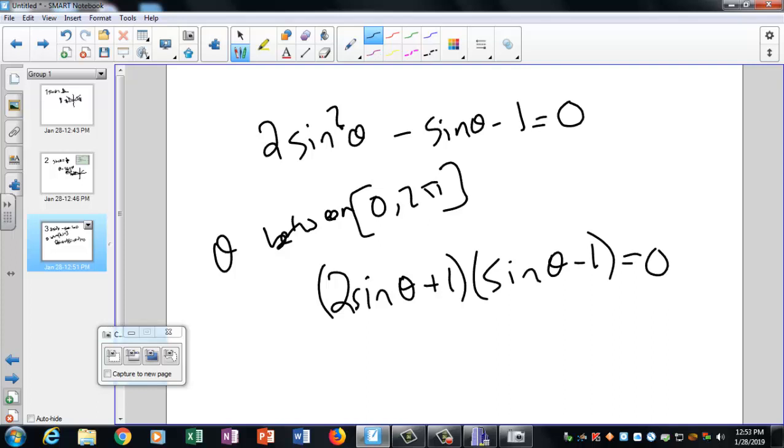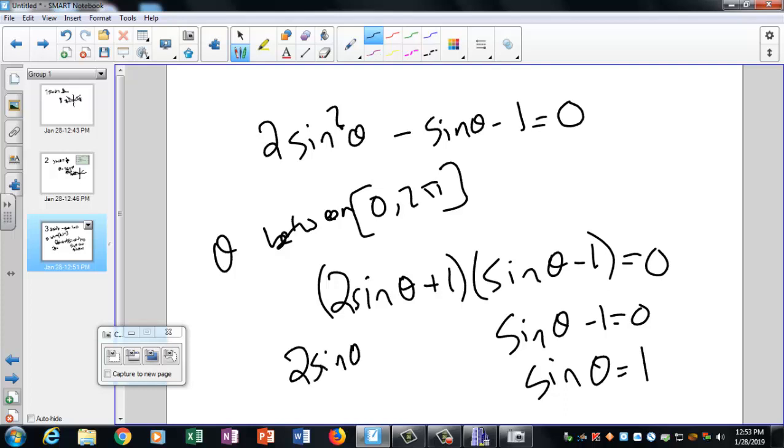Do we agree? Sine theta minus 1 is equal to 0 means sine theta is equal to 1. Right? 2 sine theta equals negative 1, so sine theta equals negative 1/2.